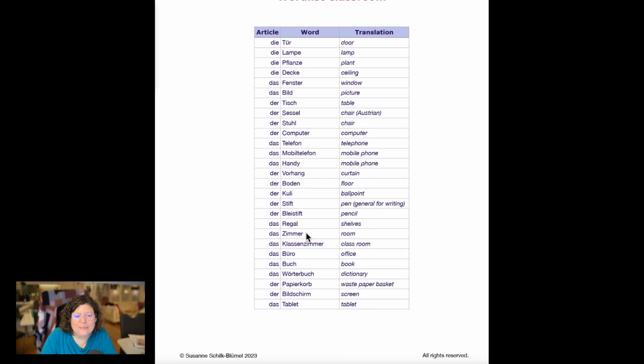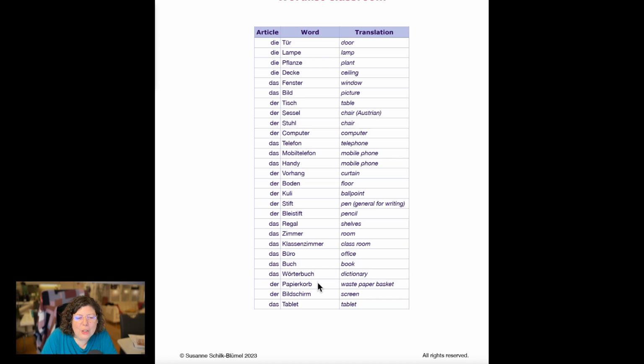Das Klassenzimmer. Das Büro. Das Buch. Das Wörterbuch.